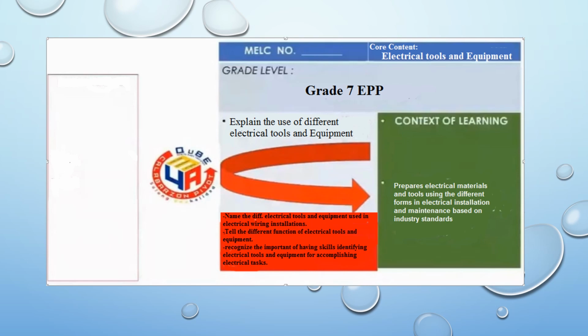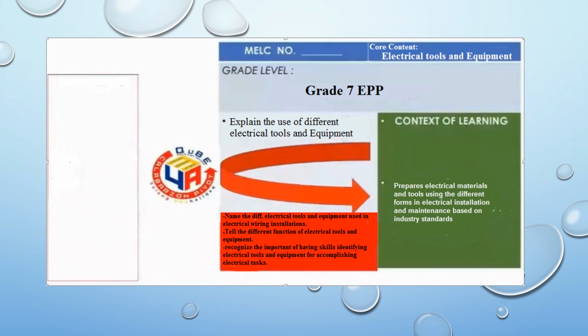I have here a sample of a lesson about Grade 7 EPP, and the core content is about electrical tools and equipment. The learning objective is to explain the use of different electrical tools and equipment.